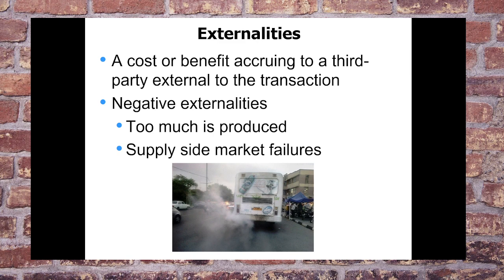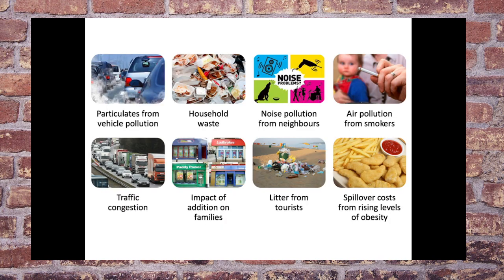You're not riding the bus, you don't own the bus, but you're breathing that in. So you're paying the cost of that bus that the producer's not paying. Let's look at some other negative externalities. Noise pollution from neighbors, air pollution from smokers, secondhand smoke, litter from tourists, see what the beaches look like.